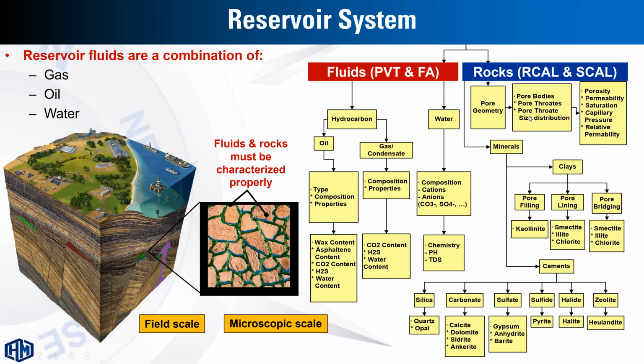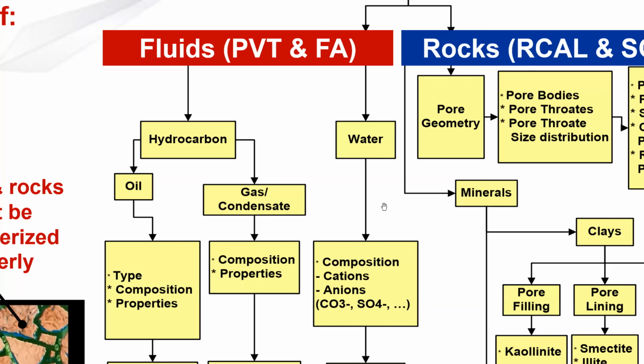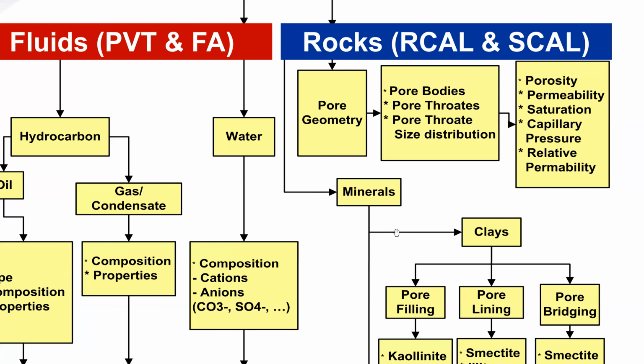For reservoir rocks, as you can see, it's important to identify the pore geometry or pore throat size distribution, basic rock parameters like reservoir porosity, permeability, fluid saturation, special core measurements like capillary pressure and relative permeability that control the relative movement of different phases at the reservoir pore scale, and also identify the fluid distribution throughout the reservoir.